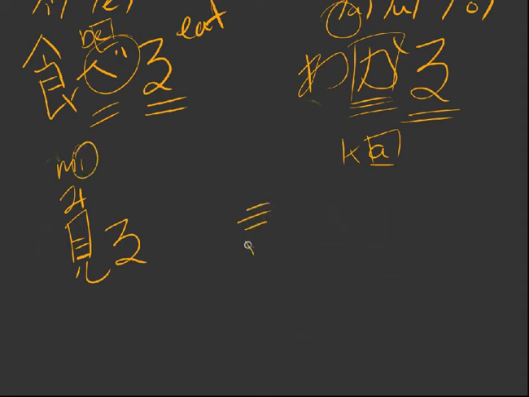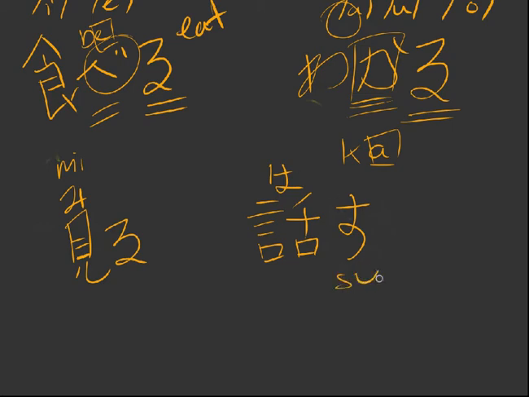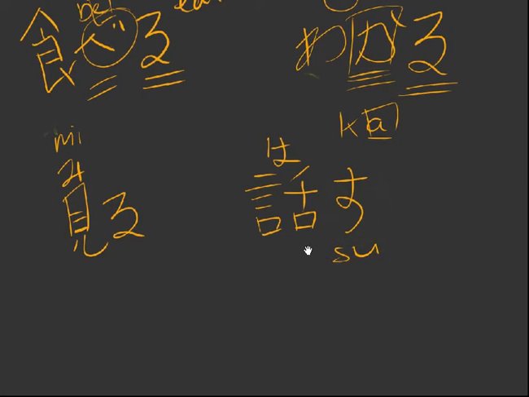Let's start again. This is hanasu. There's no problems here, this is just su, so that's a u verb.